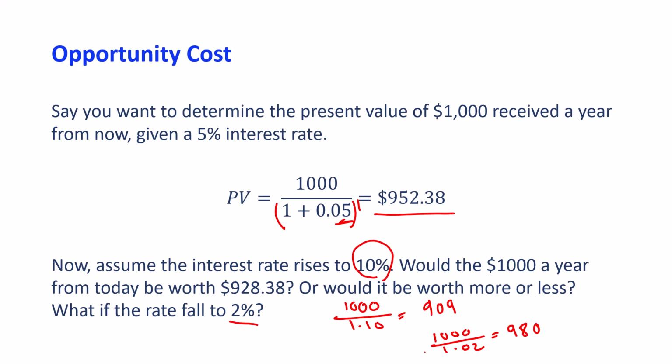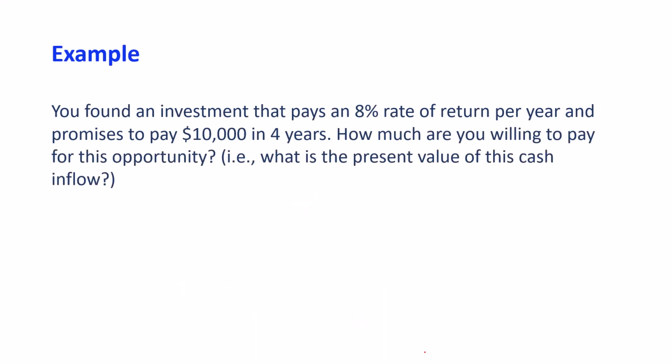So let's look at an example here. You found an investment that pays an 8% rate of return per year and promises to pay $10,000 in 4 years. How much are you willing to pay for this opportunity? In other words, what is the present value of this cash inflow that you will receive in 4 years? A lot of times it helps to look at the timeline and translate the problem into a timeline.